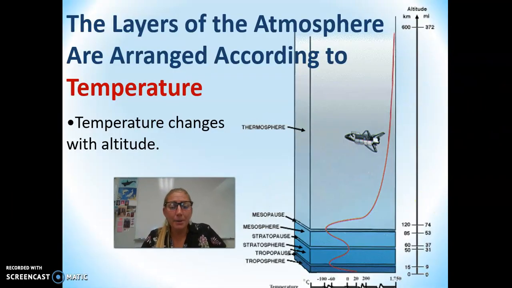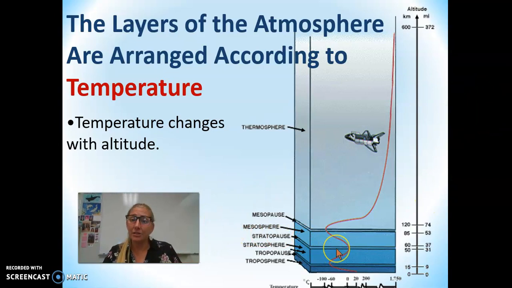So how do we break up each of these layers? It's based on changes in temperature as we go higher and higher in altitude. You can see on the graph here how temperature changes in each layer based on altitude.